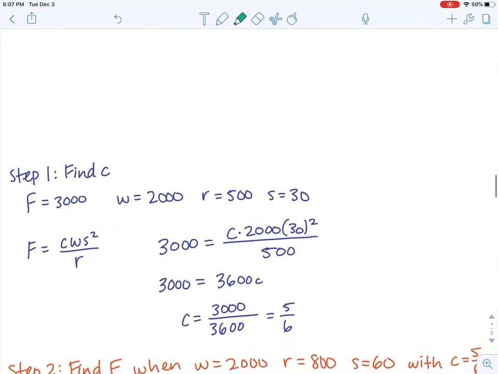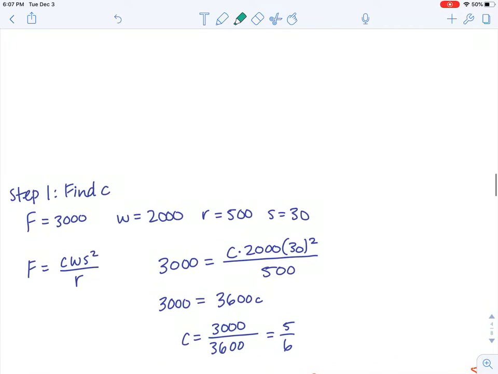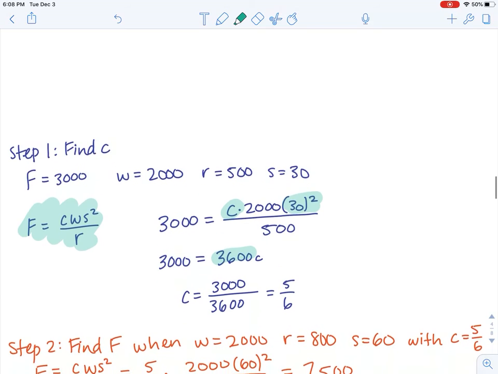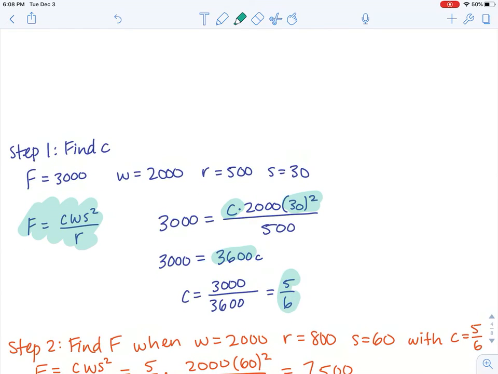So in the first part of the problem, we need to find our constant C. So it says when the force is 3,000 and the weight of the car is 2,000 pounds and the radius is 500 and the speed is 30 miles per hour, we take all of those numbers, fill them into the formula, and solve for C. So the first thing you would do is you square 30, then multiply that times the 2,000, divide that by 500, and you get 3,600. To solve for C, we divide both sides by 3,600, and that simplifies to 5/6.